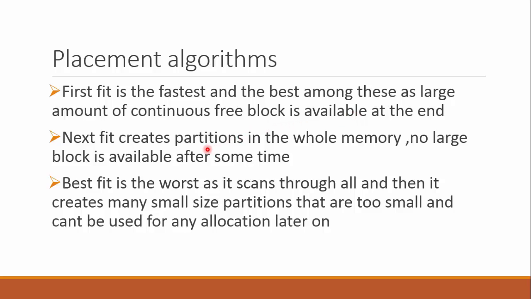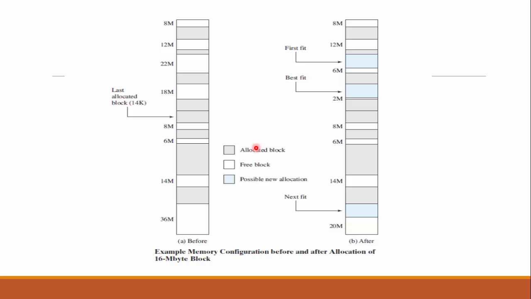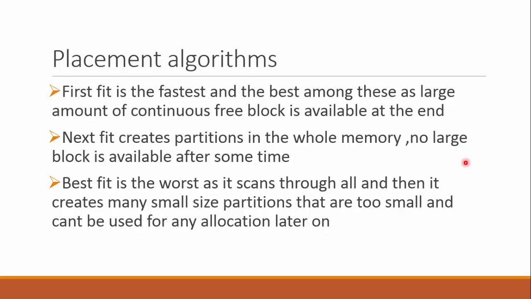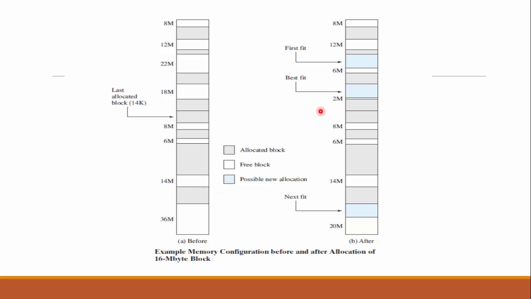The next fit creates partitioning in the whole memory. The next fit will travel the whole memory, then start again, and it will create many small partitions in between. So the best fit is not so best, and it is the worst performer here, because best fit leaves very small memory holes which are too small for any other process to utilize.